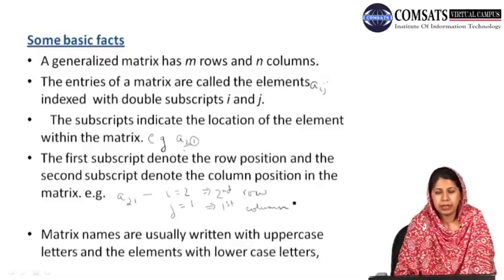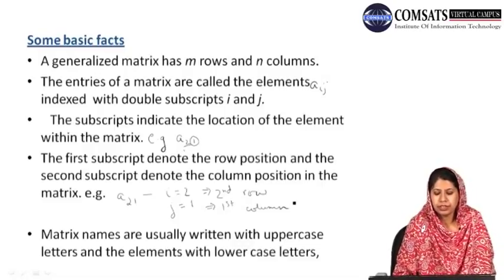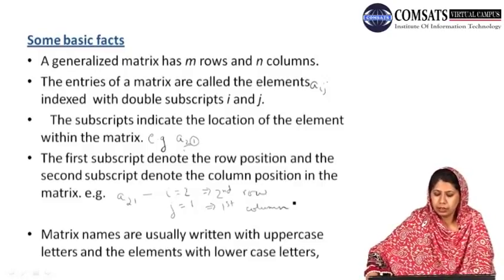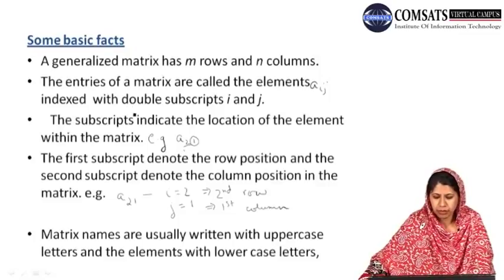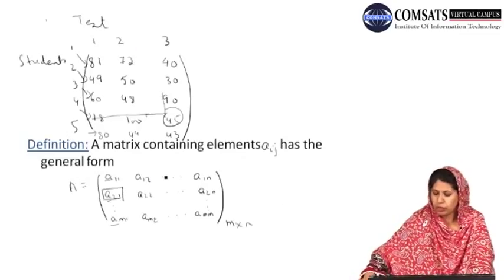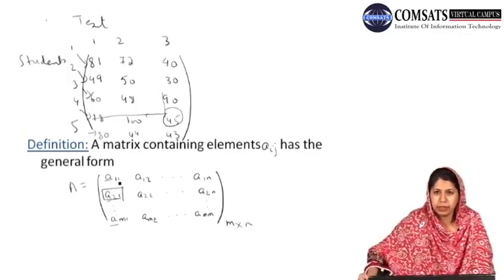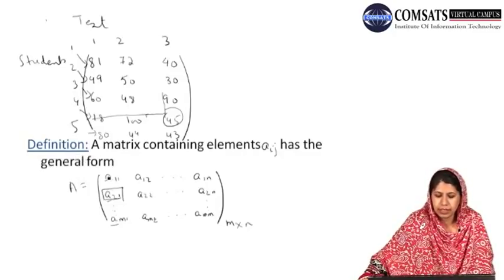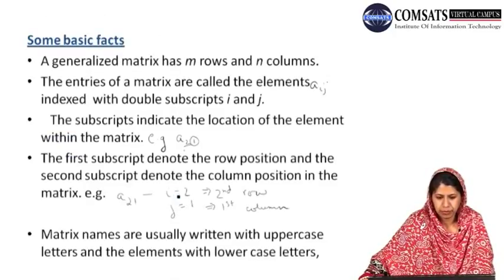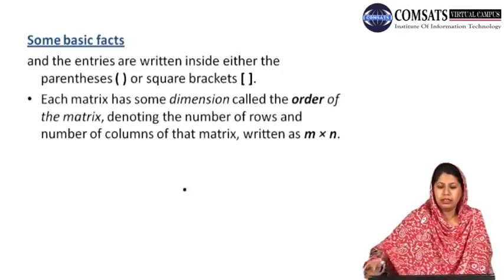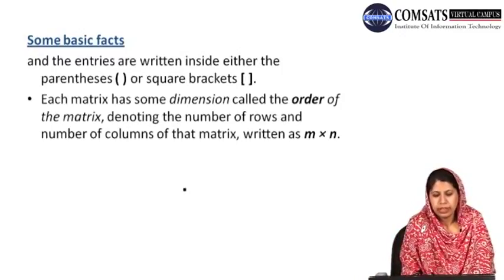How do we represent our matrices? Matrices are usually written with uppercase letters and the elements are written with lowercase letters. Here we have seen in the general form that the matrix is represented by the uppercase letter A and the entries or elements are represented by the lowercase letters aij. The entries are written inside either parentheses or square brackets.